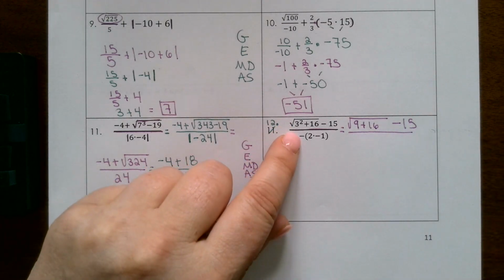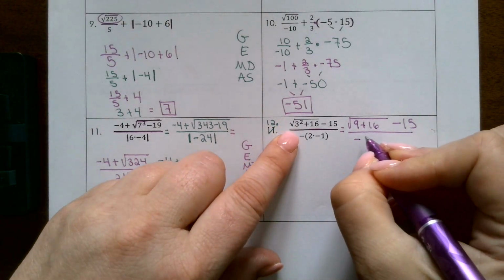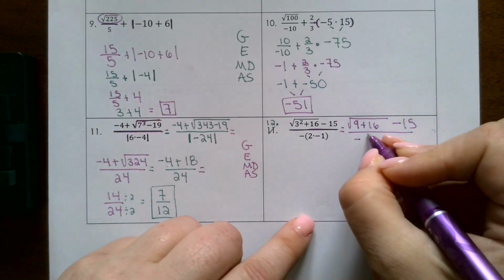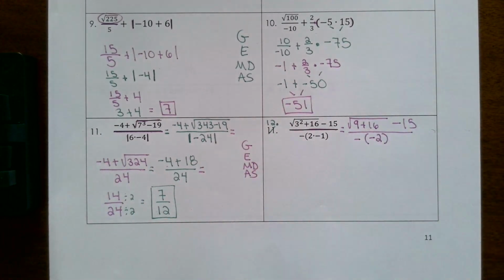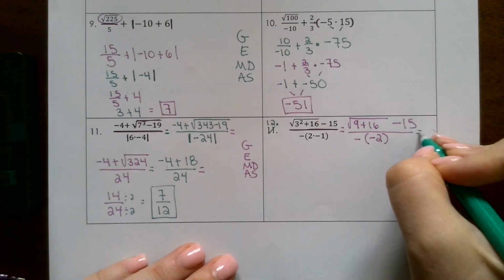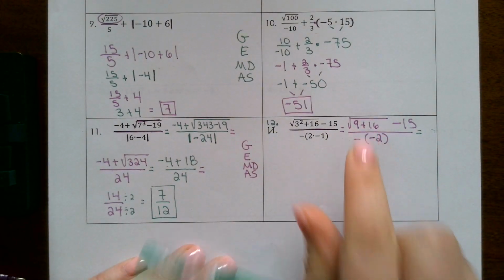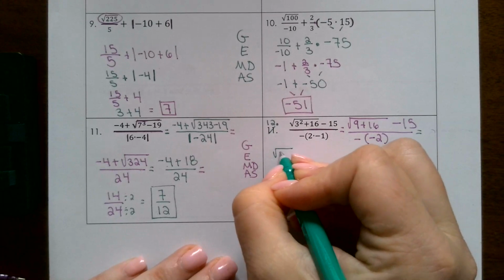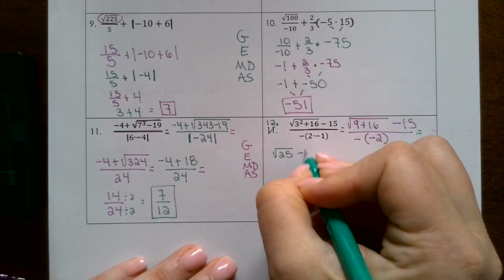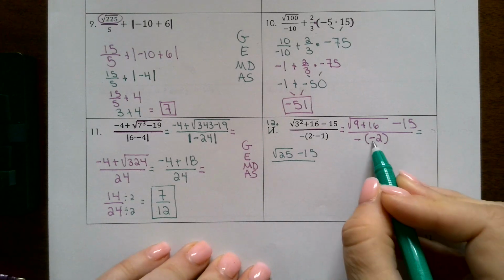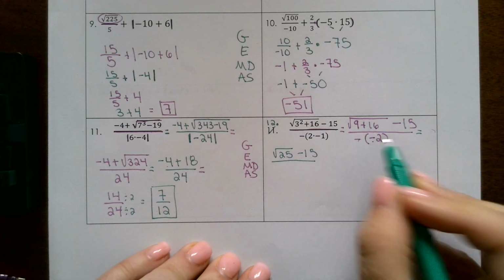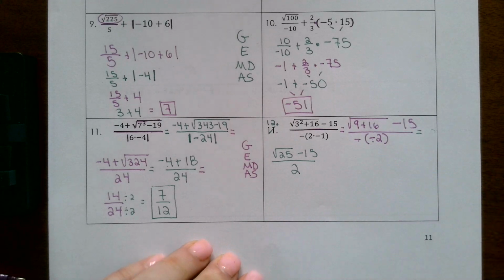And this negative sign right here, I'm just going to keep, and I have to evaluate what's in the parentheses. 2 times -1 is -2. All right. Now, under my square root is 9 plus 16. That's 25. So I have the square root of 25 minus 15 over the opposite of -2. Negative -2 is a positive 2.